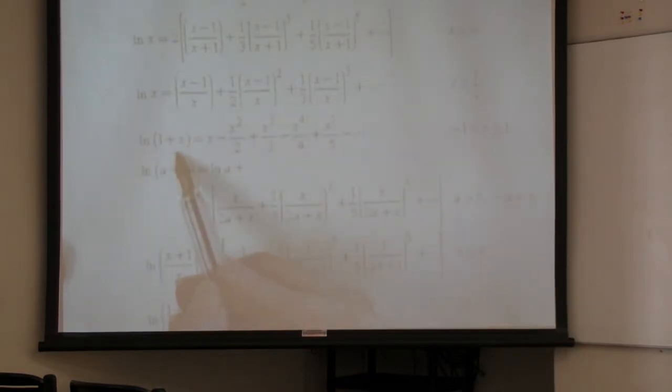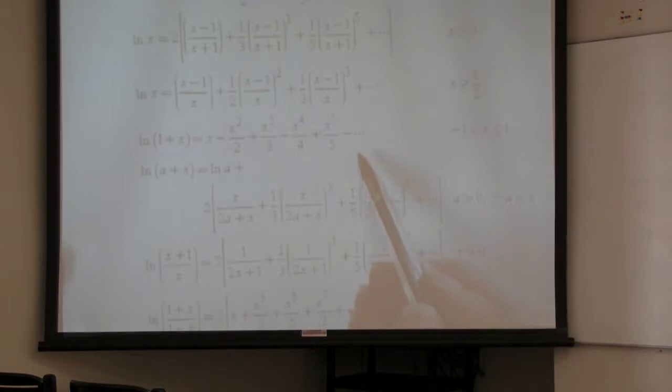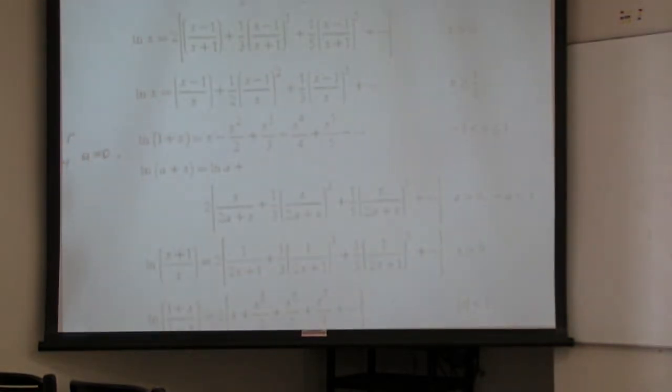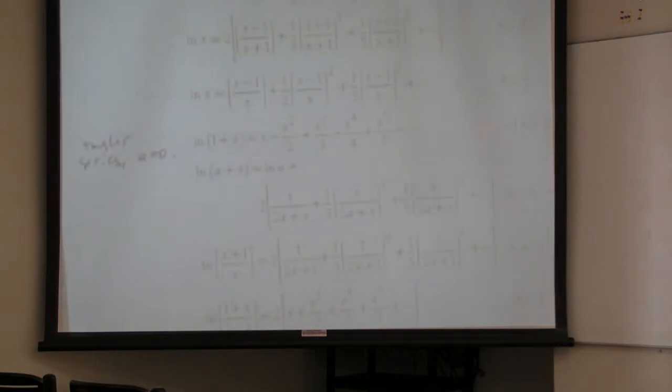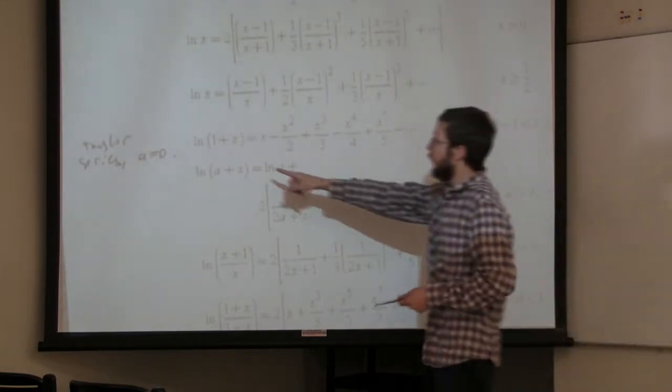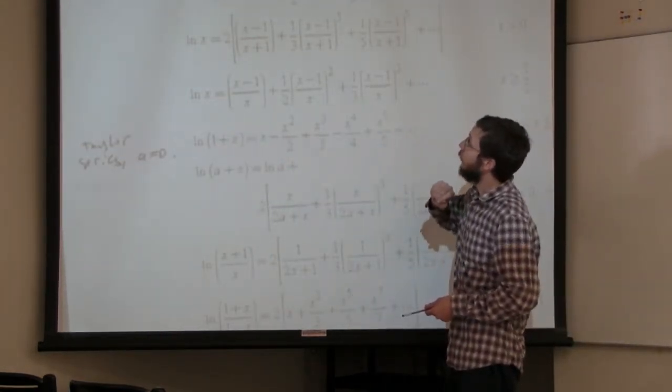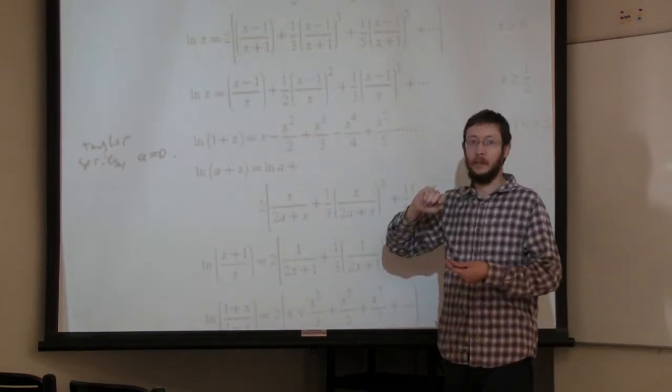What they've done is they took this natural log of 1 plus x and they expanded it out into a Taylor series centered at a equals 0, okay? And the reason they did this little shift here is because it's a lot easier to have a Taylor series centered at 0 than it is to have a Taylor series centered somewhere else, right?